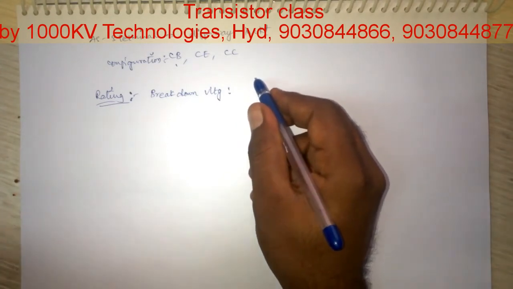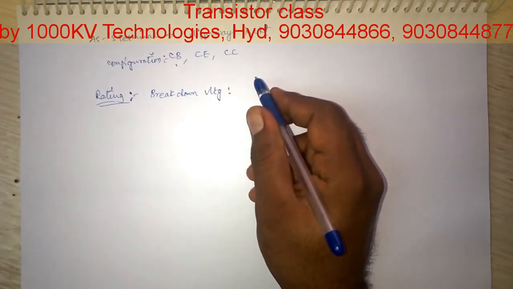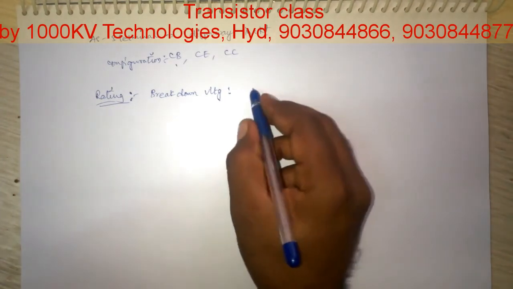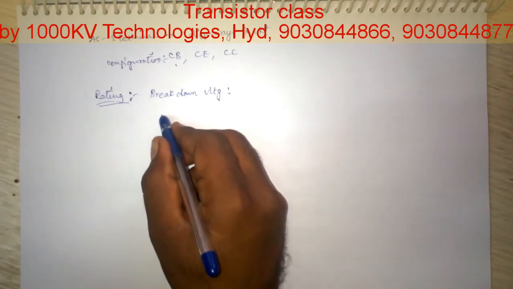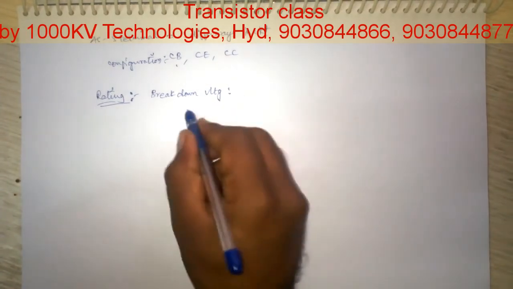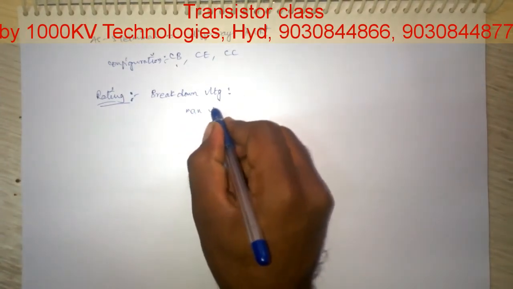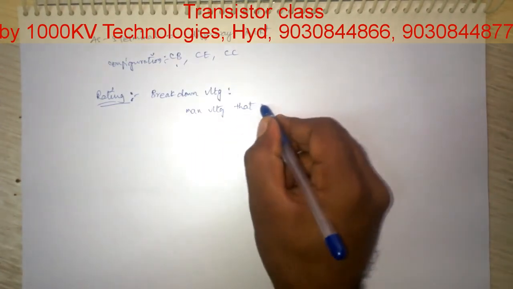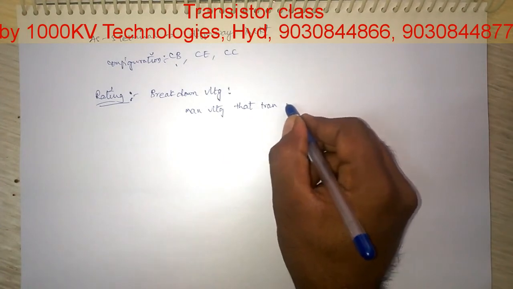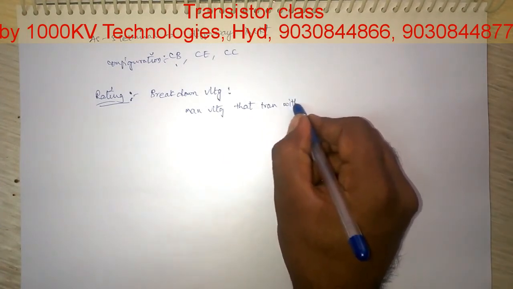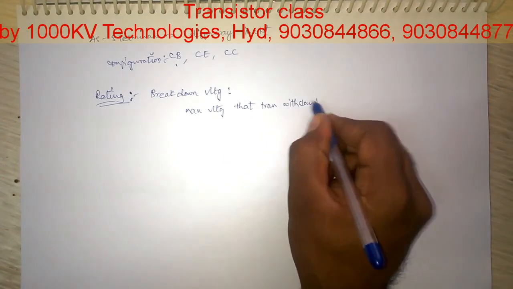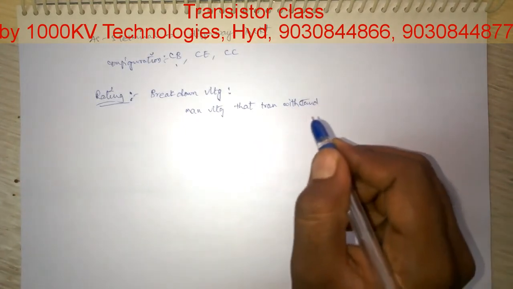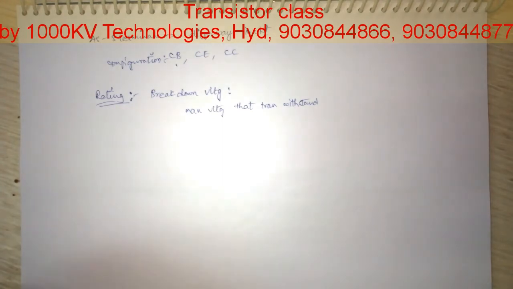That means the maximum voltage that can be applied across these three junctions of the transistor. Maximum voltage that a transistor can withstand as we apply higher voltages across its junctions, CB junction or base junction.